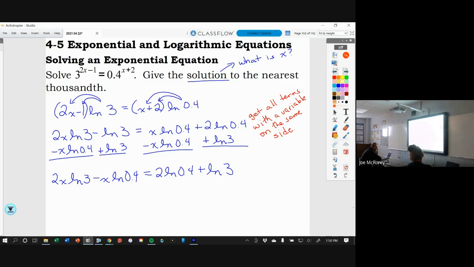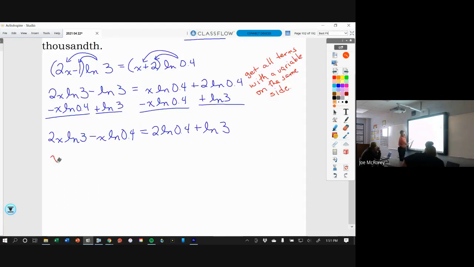So look at the left side. How many terms are on the left side? Two. Do those two terms have anything in common? Yes, x. They both have an x. Because both of them have an x in common, I'm going to factor out that x. There's factoring in this.